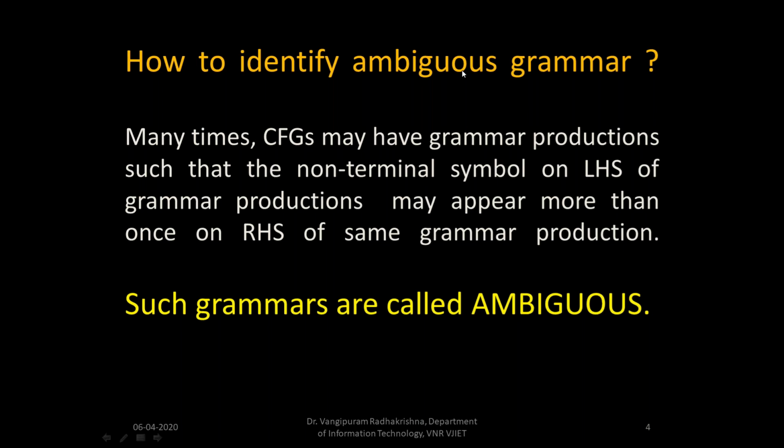So to identify if a given grammar is ambiguous or not, no doubt you can apply the conventional approach wherein we derive a randomly chosen string in two or more possible ways and show that the structure of the two parse trees generated happens to be different, and so the grammar is ambiguous.